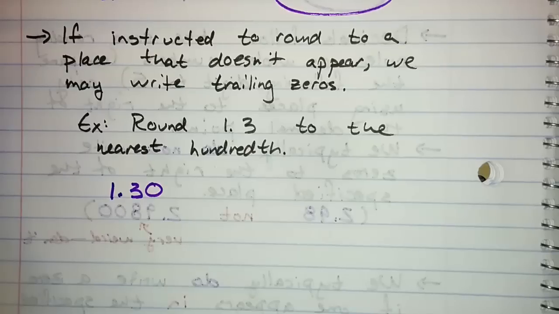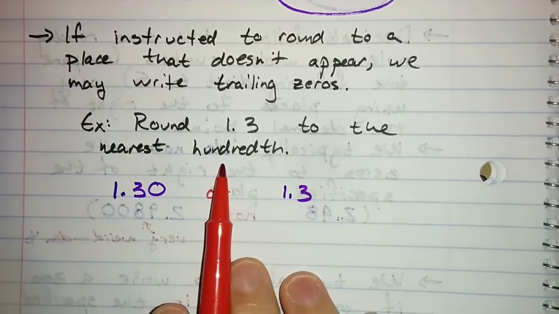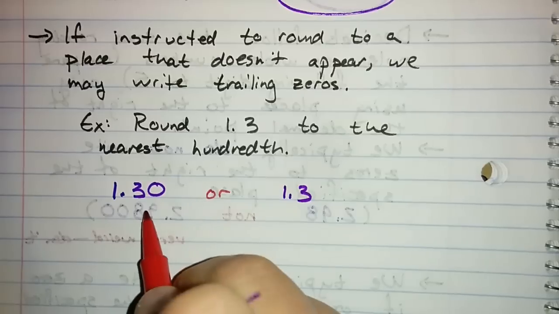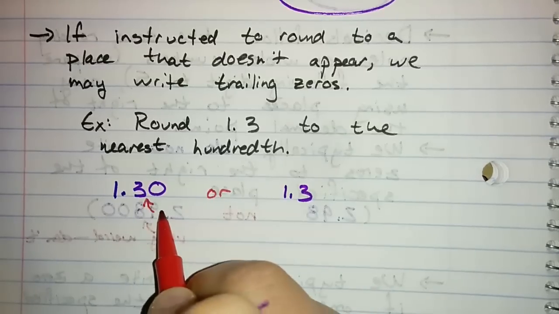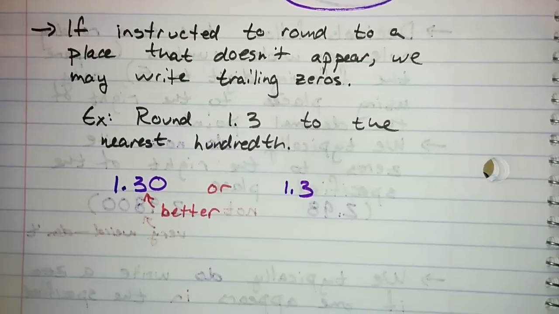Or we could just write 1.3 by itself, depending on the context. I would say if we were in a situation where rounding to the nearest hundredth was something we were called on to do, this would be better. But neither one of them would be wrong, or most of the time even particularly weird.